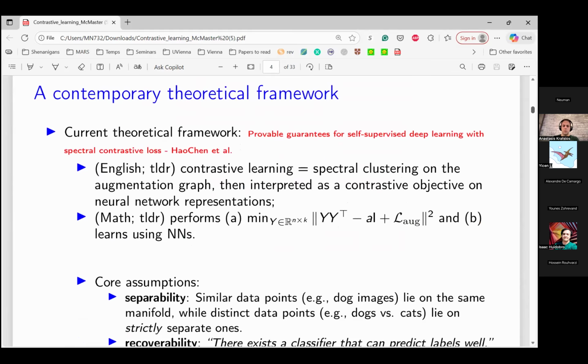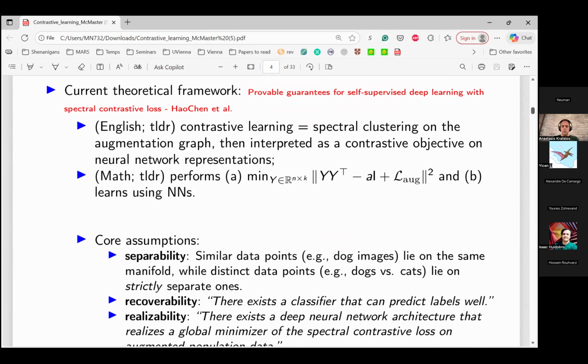Well, in the current theoretical framework, there's this remarkable paper, Provable Guarantees for Self-Supervised Deep Learning with Spectral Contrastive Loss, by Hao Chen and collaborators. It's from two to three years ago, and it's a very remarkable paper because it established the theory of contrastive learning.